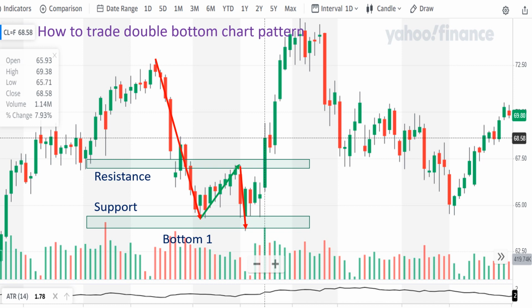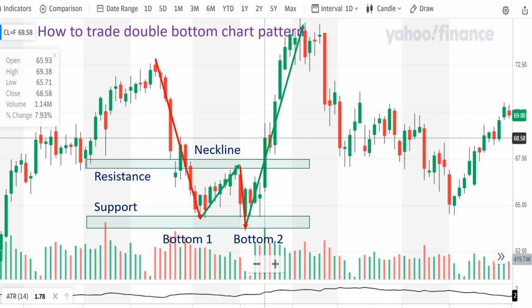Since the price cannot break the support level, it rallies going up, breaking the resistance level, and continues going upward all the way up and producing bottom two and the neckline.